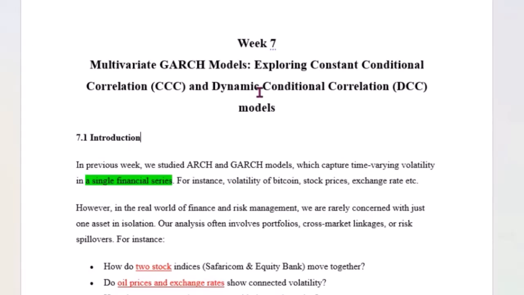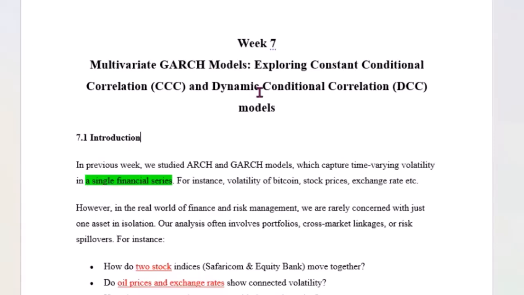So what happens now if we want to compare two or more variables? Now we don't have Bitcoin alone. We want to compare Bitcoin and Ethereum. We want to compare the performance of maybe two banks, Cooperative Bank and KCB. How is the performance of their shares, dividends over time? What are the correlations?